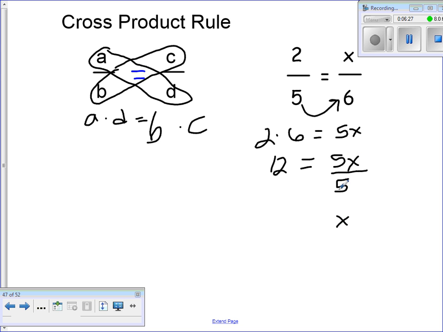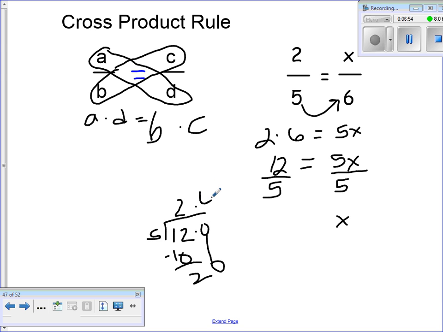Now, likewise, if we do something to one side, we know in math that we need to treat all parts equally, so I need to divide this side by 5 as well. This is saying, what is 12 divided by 5? So we need to do some math here. 5 goes into 12 2 times, and I get 10. Remainder of 2, add a decimal and a 0. 5 goes into 20 4 times.